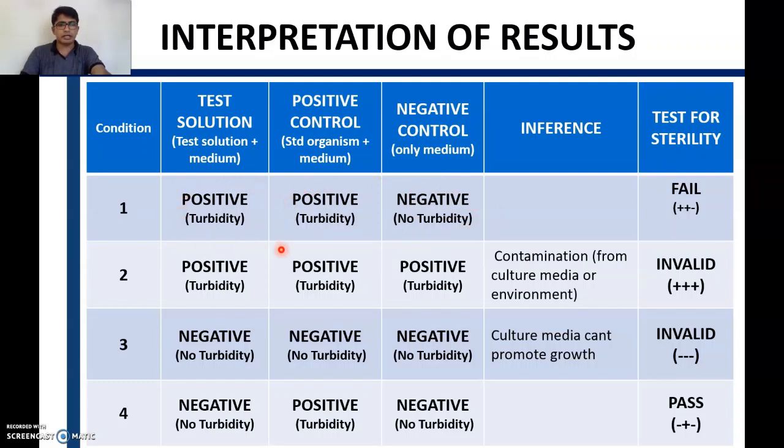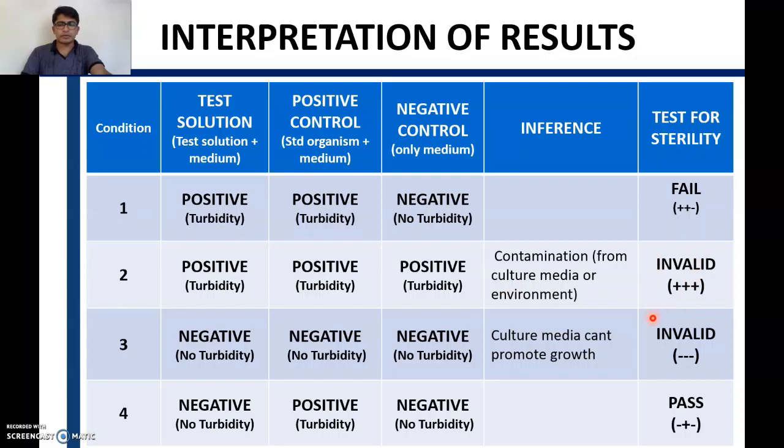If we get a result like this, it indicates the sample fails the test for sterility, because the positive result in the test solution indicates there is contamination in the test solution, the positive result in the positive control indicates the culture medium is capable of growing microorganisms, and the negative result in the negative control indicates the culture medium prepared for sterility testing is sterile and does not contain any contaminating microorganism.